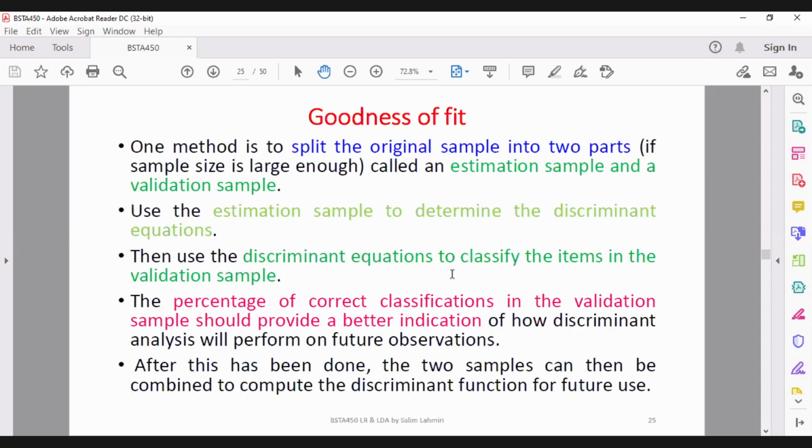After this has been done, the two samples can then be combined to compute the discriminant analysis function.